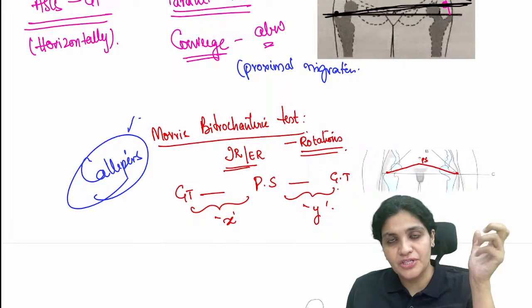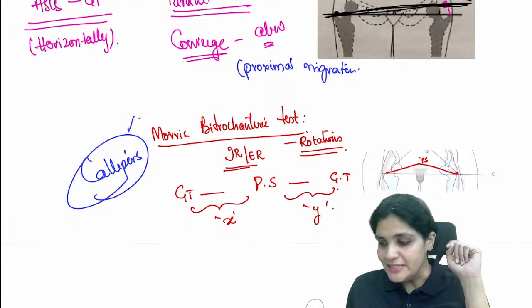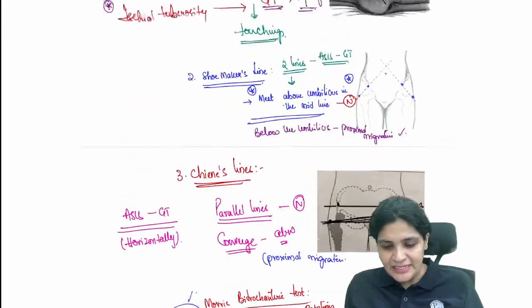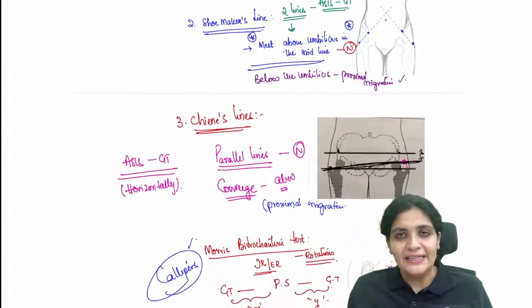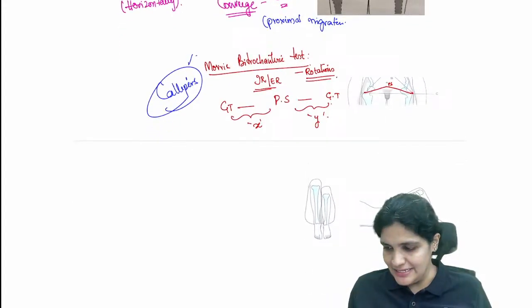So just for rotations, medial or lateral, with the help of your pubic symphysis and the GT, you measure this. So that is about the lines: Nelaton's line, Shoemaker's line, Chiene's line, and Morris's bitrochanteric test.